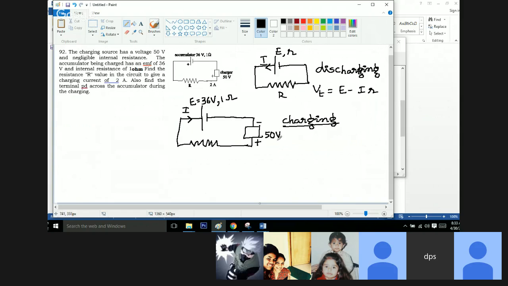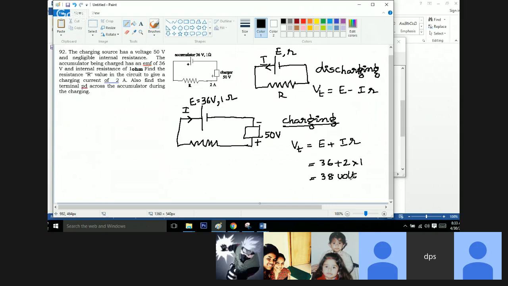Whenever this is charging, the terminal PD formula is not E minus Ir, but E plus Ir. E is nothing but 36 volt, the charging current I was given as 2 ampere, and internal resistance was given as 1 ohm. The answer should be 38 volt. That should be the terminal voltage.